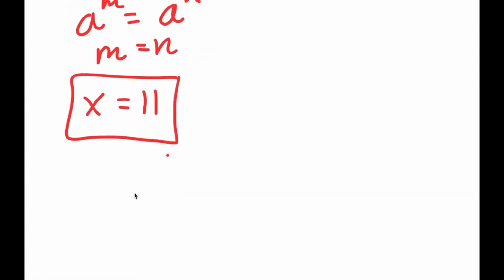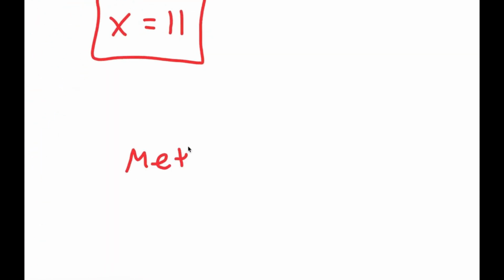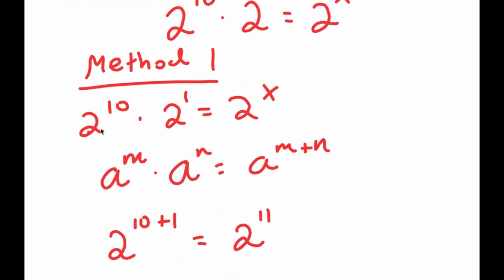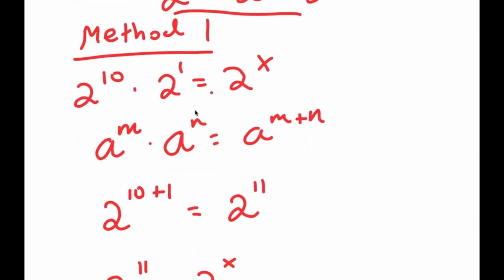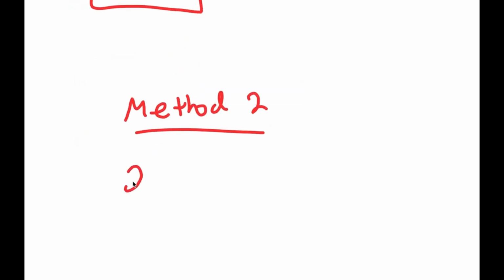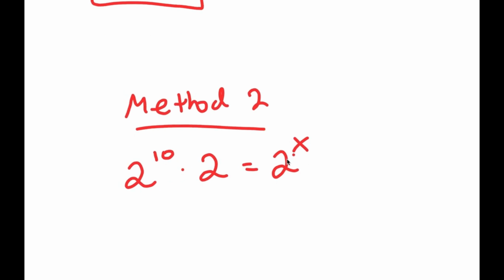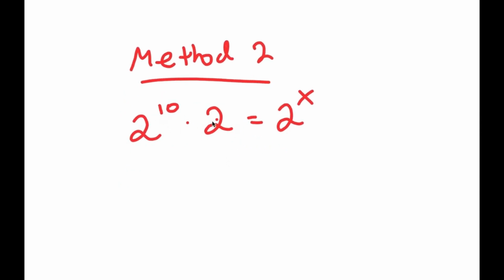Now, method 2 of solving the problem from this step right here, so I have 2 to the power of 10 times 2 is equal to 2 to the power of x. Now, instead of multiplying by 2, I'm going to divide by 2 on both sides.